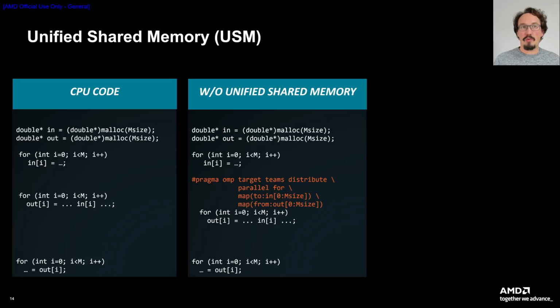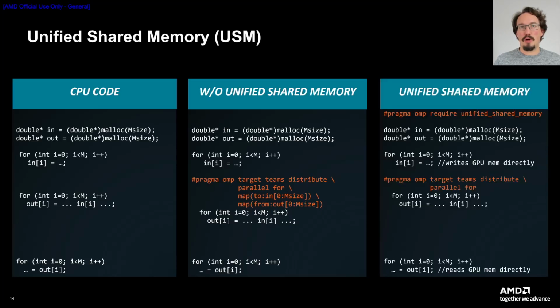If we now want to make use of the USM feature, we add the pragma OMP requires unified shared memory in the beginning of all files, and are now able to not specify any map clauses for target regions.